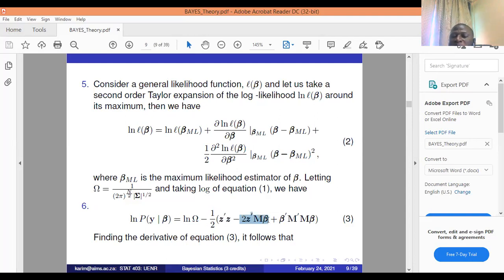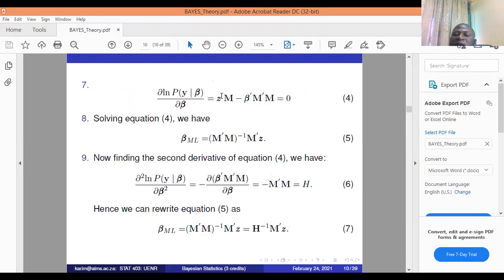What is going to remain is these two terms. If you differentiate this part with respect to beta, the beta goes to 1, and the same for the other part. So your equation simplifies to Z transpose M minus beta transpose M transpose M, and we equate that to 0. And then we solve for our beta.